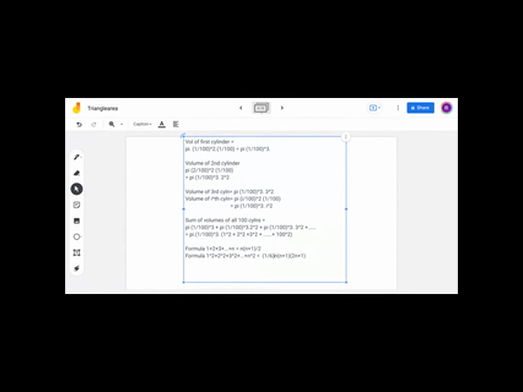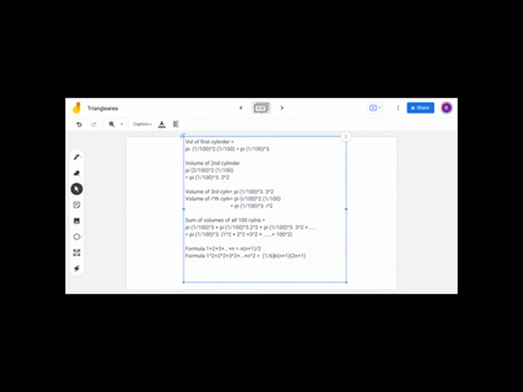Madhumita, do you know the proof of the first formula? Why is the sum of the first n numbers equal to this much? How to prove that? Or do you just know the formula? Sir, can you repeat the question? Yeah. So what is the formula for the sum of the first n numbers, 1 plus 2 plus 3 plus 4 till n? n bracket n plus 1 divided by 2, sir.